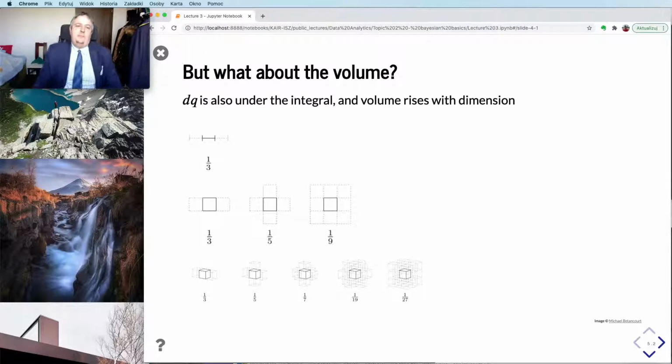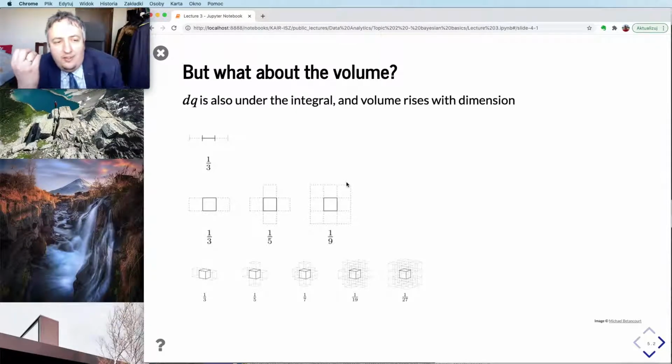Unfortunately, when additional dimensions arrive, we have some problems. Because if we focus, for example, on a box of space like a square, and we take the middle of it, then we do not only ignore the part on the left and the right, and the part on the bottom and on the top, but also the parts in the corners.